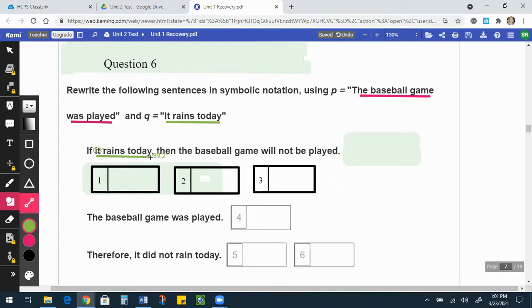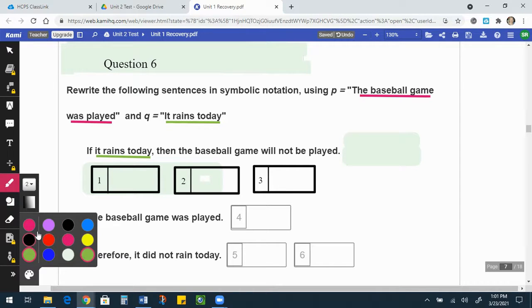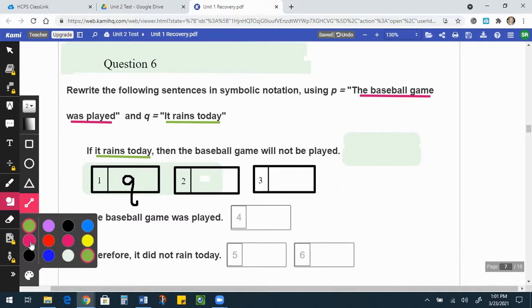It rains today, I see, is a perfect match to Q. So in the first box, I'm going to put Q. The middle box is for the symbol that we're going to use. We'll come back and take care of that in a minute. The last box is for the last part of our sentence.